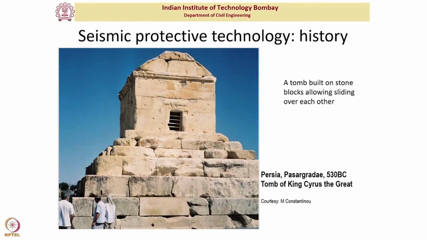So when the earthquake comes, it does not allow the transmission of force from the ground to the tomb, and the overall force transmitted to the structure is significantly smaller, because when these slide over each other, you can imagine that it would have very small lateral stiffness. And this was built a very long time ago.